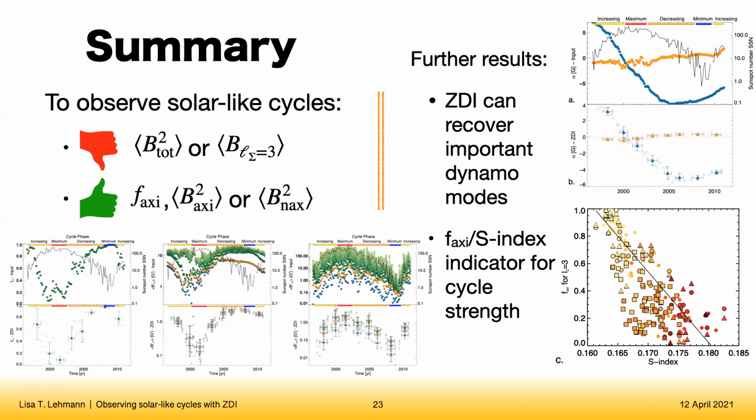Yeah, can you hear me? Yes. Great. Well, it's more a comment than a question, but thank you, Lisa. It was a very nice talk, and really great work, because we have known for some time that ZDI works well for very active stars with a high V sin i when you have good sampling.